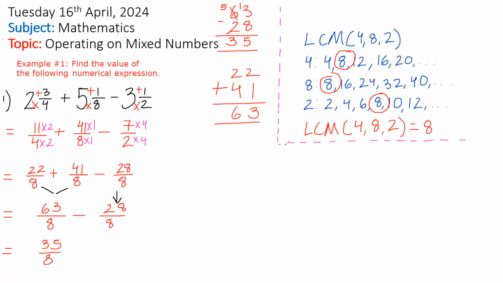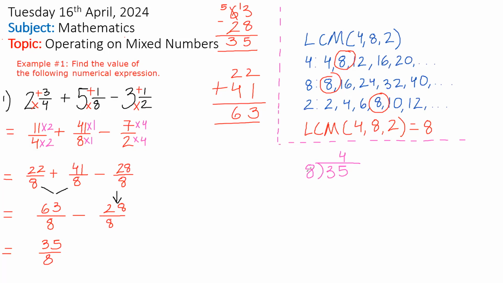So we have 8 into 35. How many times can 8 go into 35? 4 times.